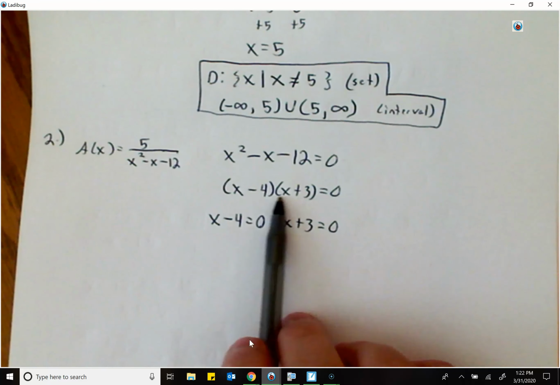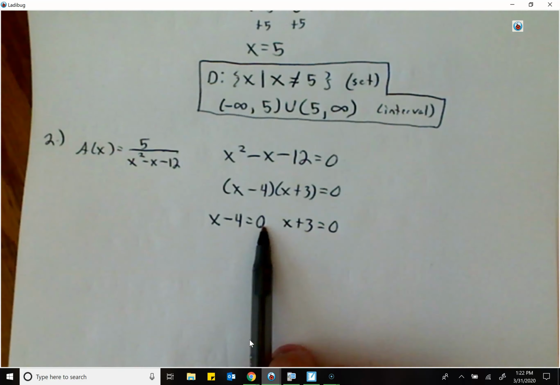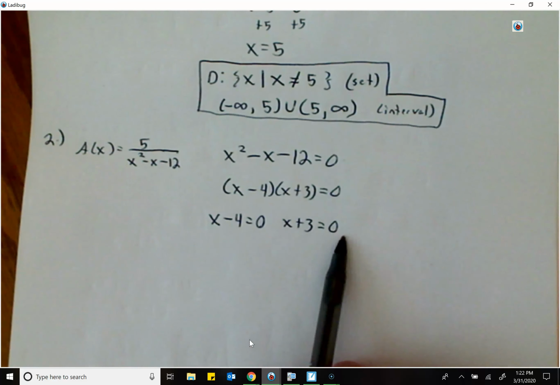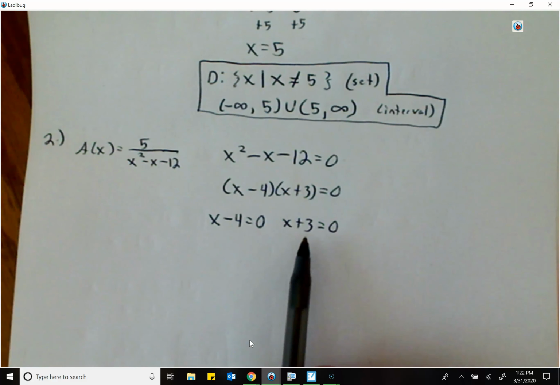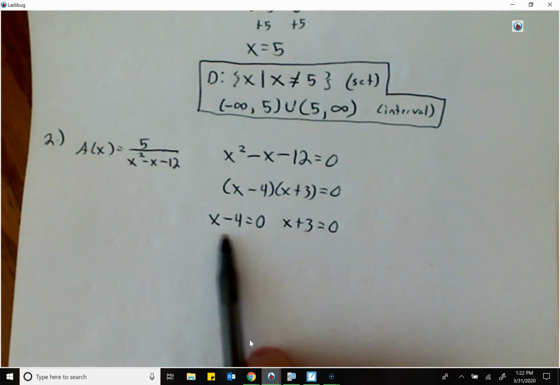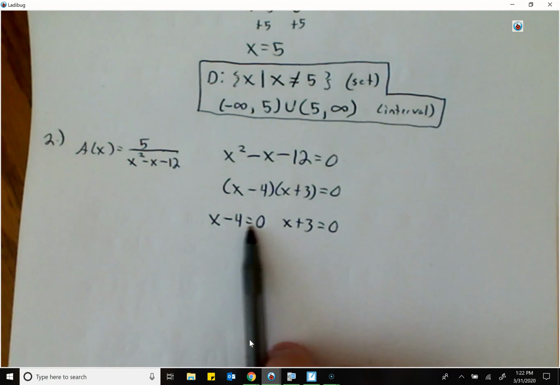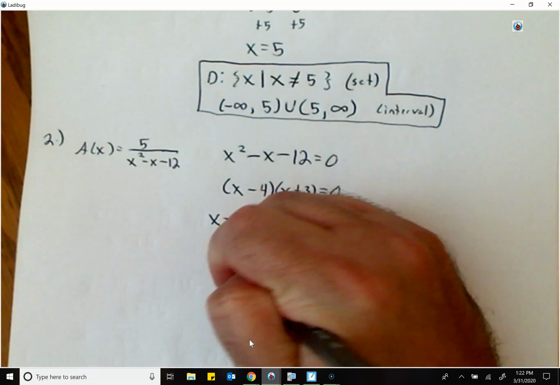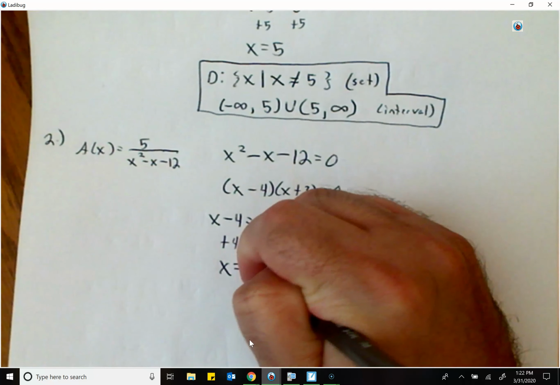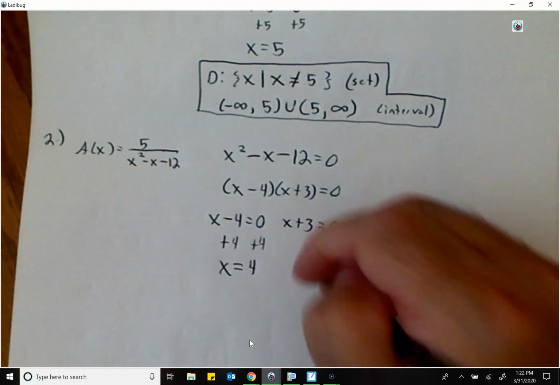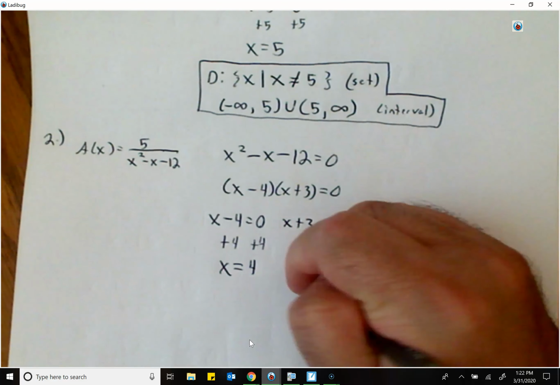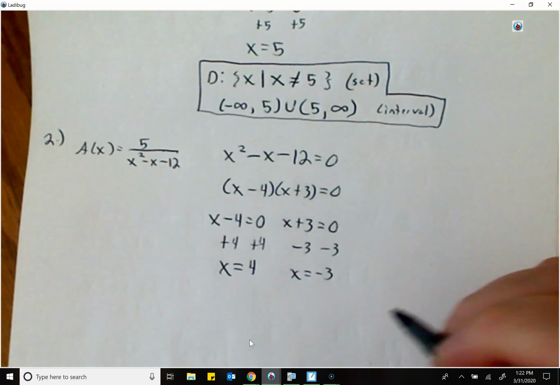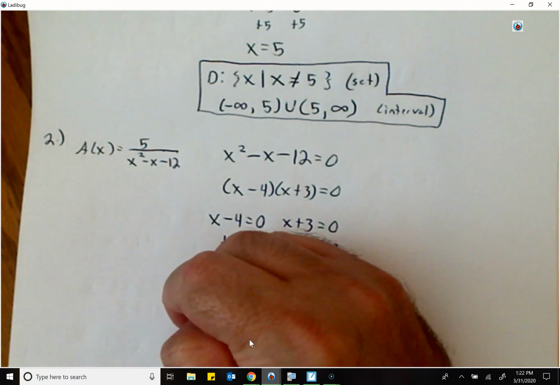Take one of your parentheses, set it equal to 0, take the other parentheses, set it equal to 0, and again, that's because of the zero product rule. So all we're going to do now is add 4 to both sides, plus 4, plus 4, so x is equal to 4. Subtract 3, x is equal to negative 3, and now you know what the domain is.